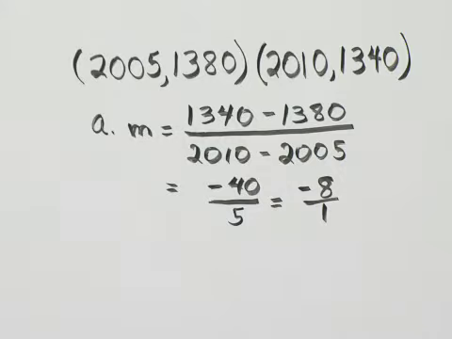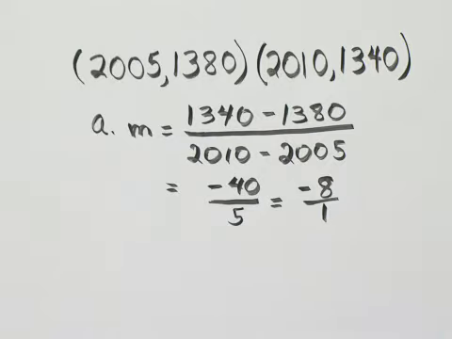Now let's write the slope as a rate of change. For every 1 year, those are my x's in years, 8 million fewer tickets are sold because that's negative 8. All right, so that's part A.